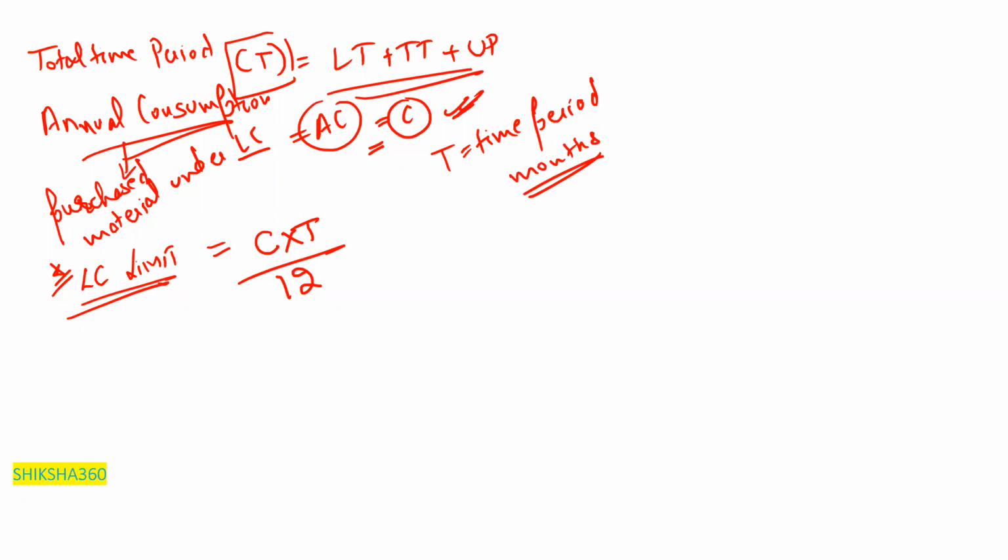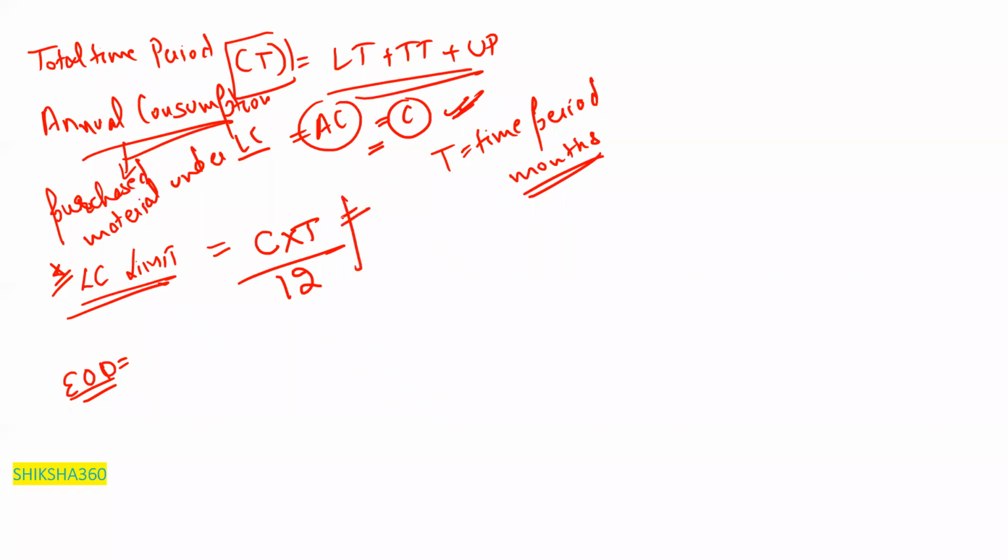Now move to the next point, which they will ask here. EOQ. Clear? EOQ is basically the minimum order.